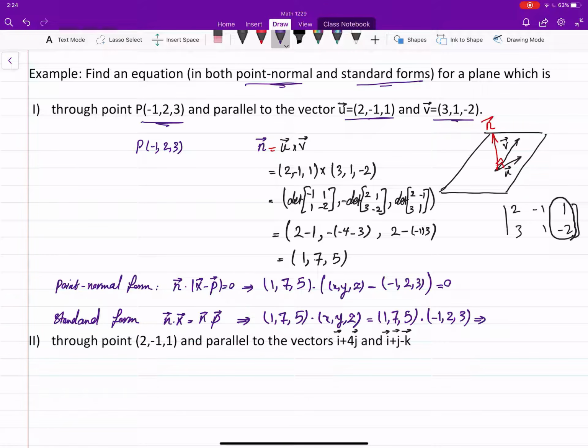This gives us x plus 7y plus 5z. This dot product here, you see it is -1 plus 14 plus 15. This is 29 minus 1. This is 28.